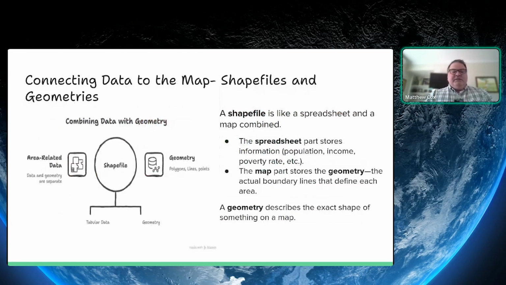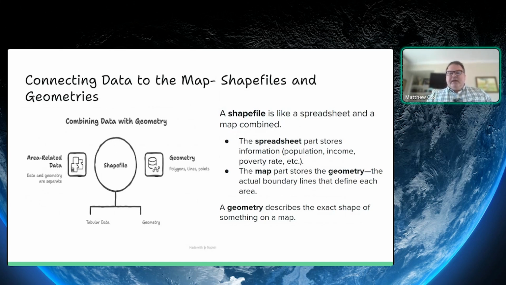Connecting data is important when you're mapping, because while you can look at any number of maps, the important thing about this is the fact that you have a connection between what's called geometries and the area related data. Geometry is coming from a shape file, and the shape file, you can consider it like, it's really just a spreadsheet.